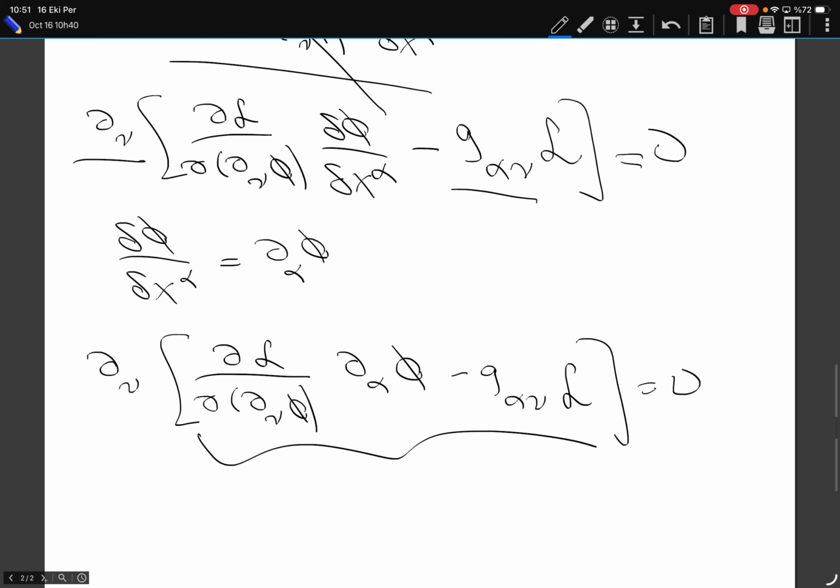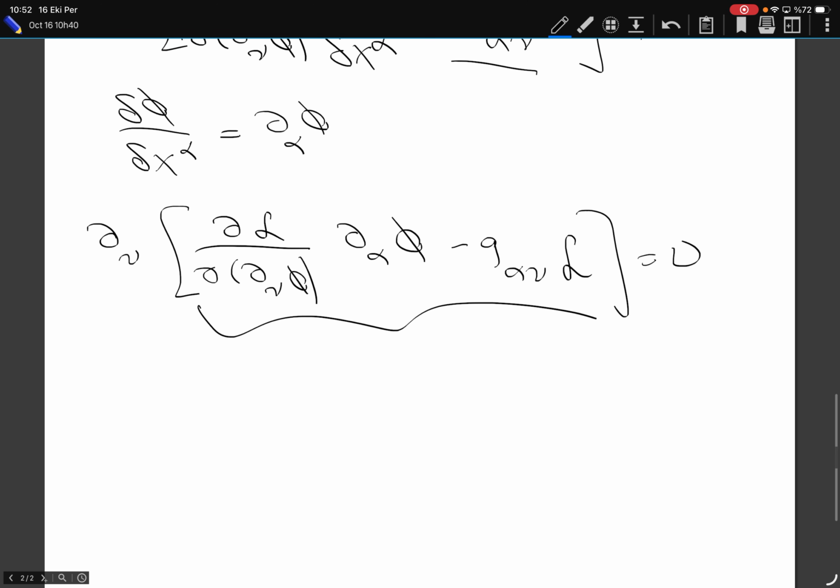So here we have a new conserved current. But note that it has two indices, alpha and nu. It's not just a single vector, it's a tensor, T nu alpha. And for each alpha, we have 4 of them, it is something conserved.